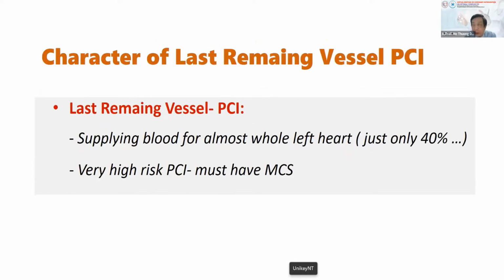And in left main disease, sometimes we have a CTO of the right coronary artery, so it becomes last remaining vessel PCI. As you know, last remaining vessel PCI is very dangerous. It's very easy to fall into cardiogenic shock because the last remaining vessel supplies blood for almost the whole heart.